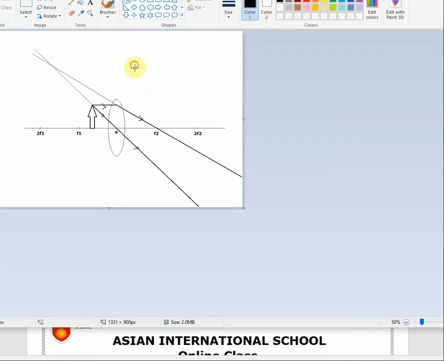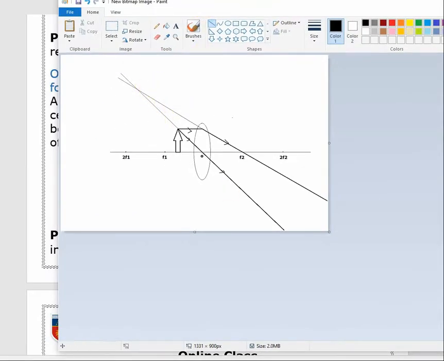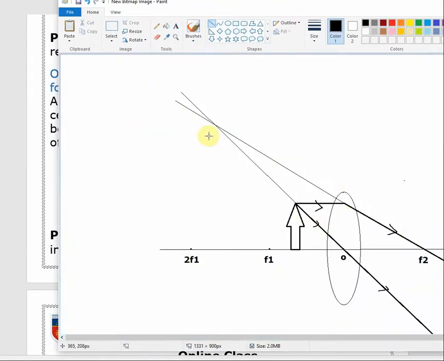Done. So let us consider this thinner line as the virtual line. If we see the virtual lines, they are also meeting at this point. So obviously this will be where our image is formed. I'll draw the image like this. Done. Okay, so this is the image.